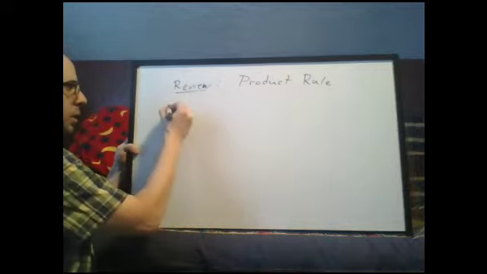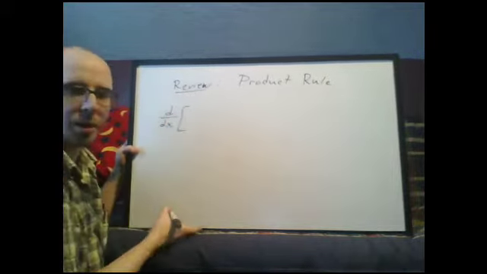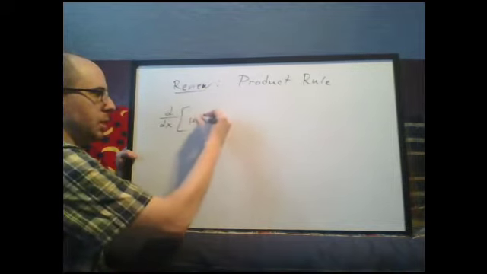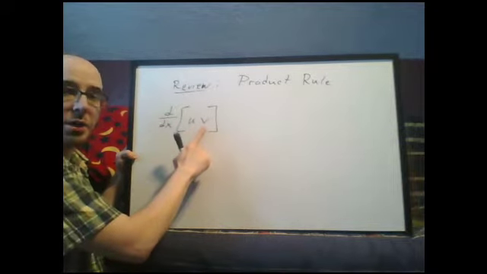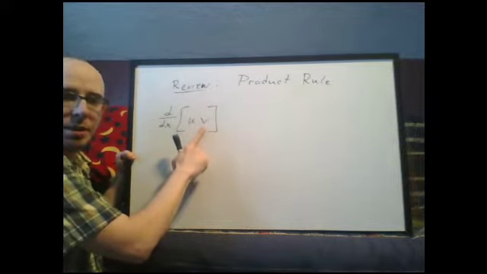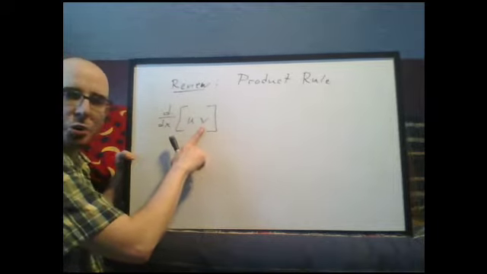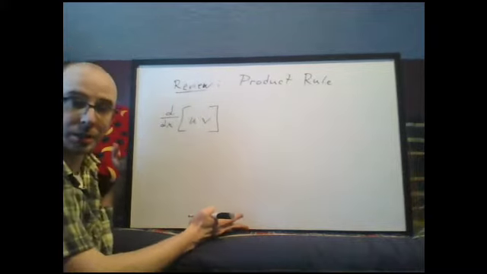Suppose I wanted to take the derivative of a product. Now I'm going to write u times v. u and v here are functions of x. I want to keep the amount of notation to a minimum, so I don't want to write u of x, v of x. So u and v are both functions of x.